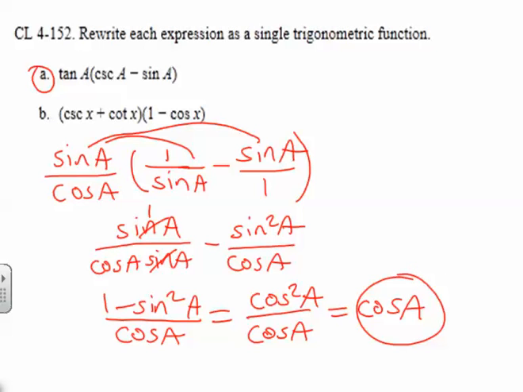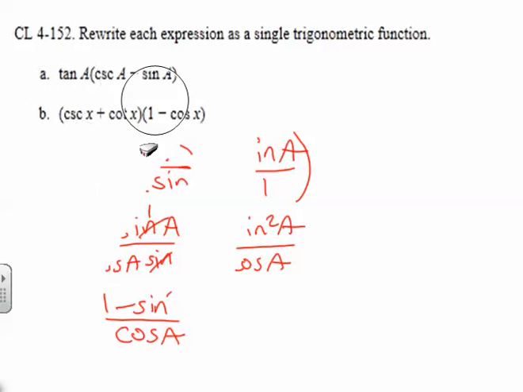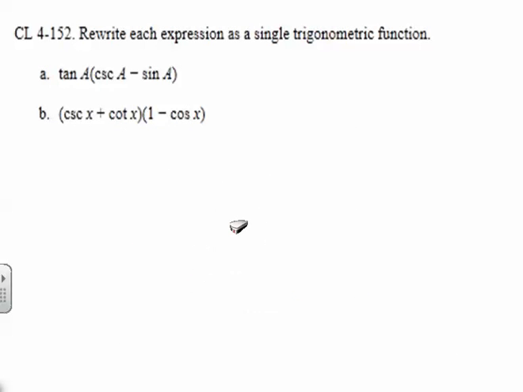Let's try the next one. So, the next one, I've got cosecant, which is the same as 1 over sine of x. I've got cotangent, which is the same as cosine of x over sine of x.